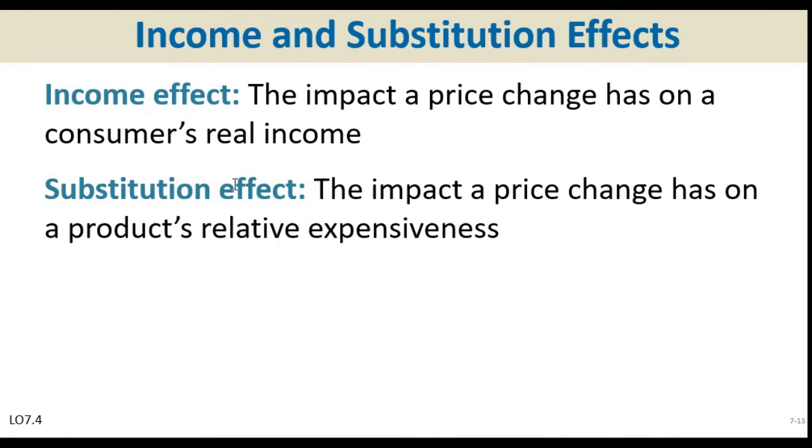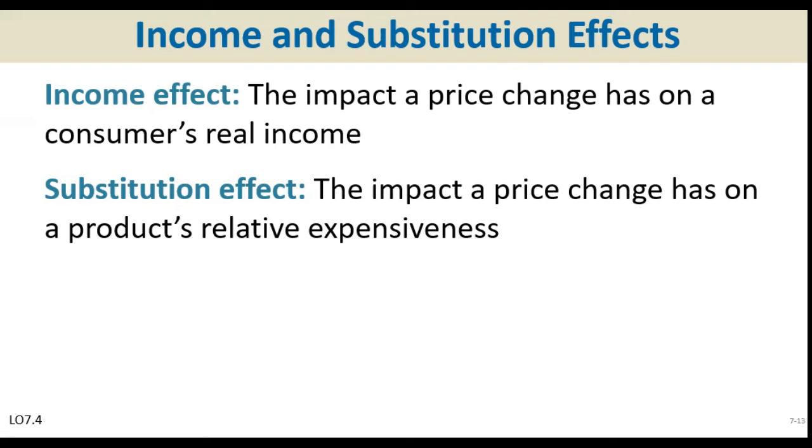So, income and substitution effect. The substitution effect and income effect work together. The income effect is the impact that the price change has on the consumer's real income, right?